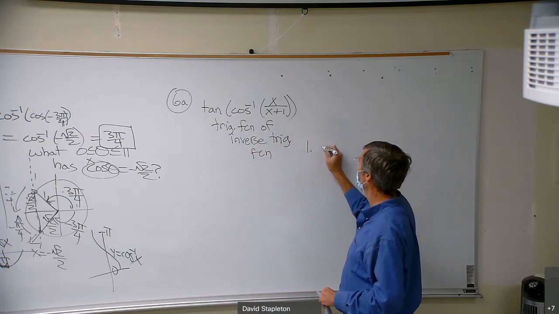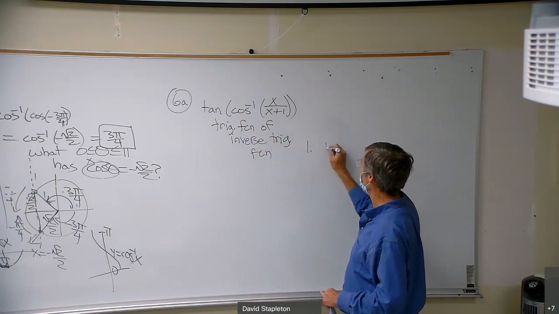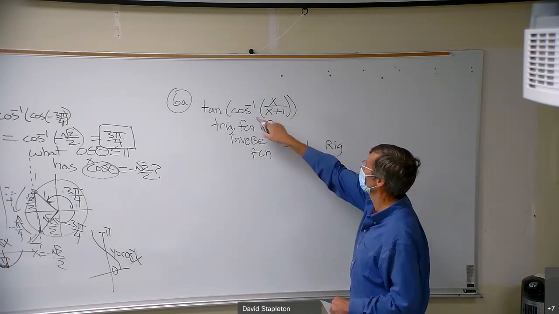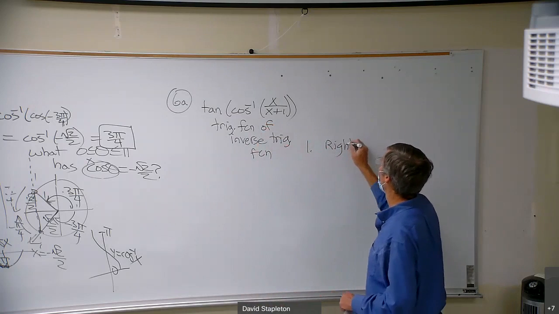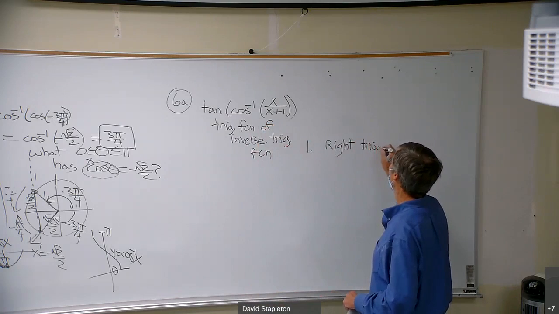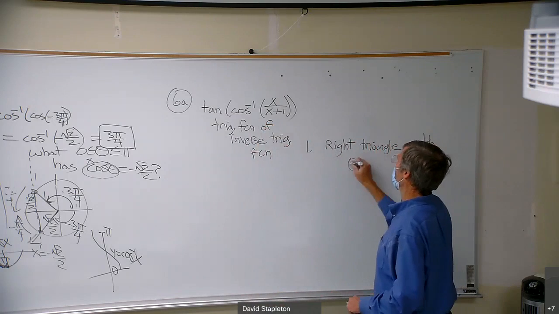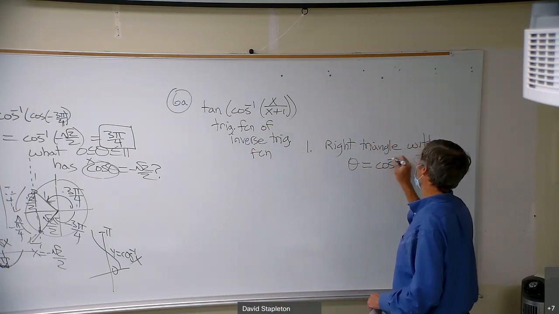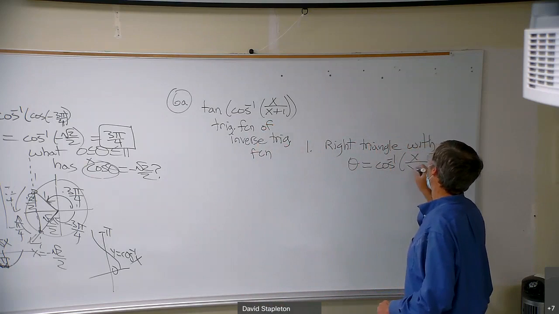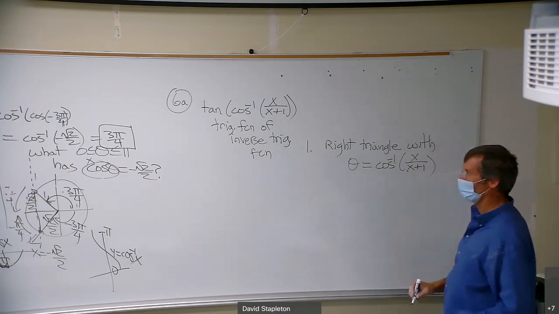One, I can make a right triangle with the inverse trig function that's here. Theta equals arc cosine x over x plus 1. That's step one.